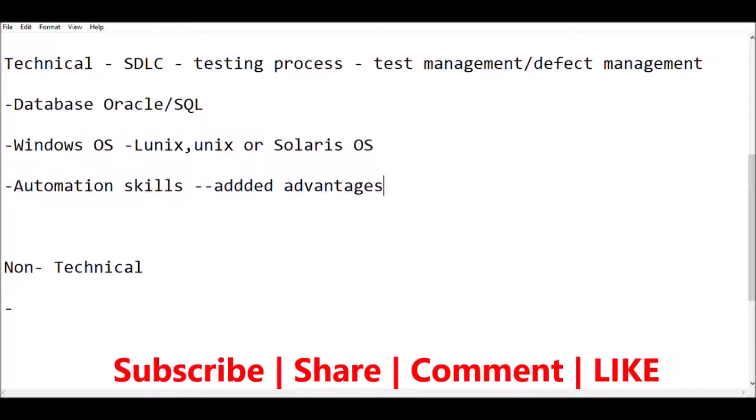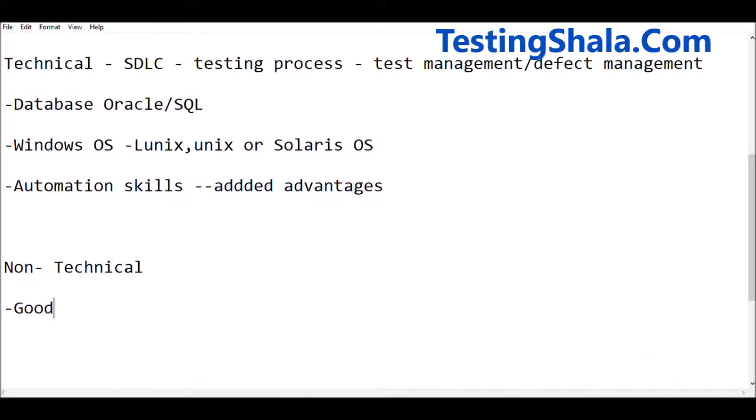So these are some of the skills which are very much needed. One is good communication skills. If you wanted to become a good tester, you should have good communication skills, such as communicating your status. You will be giving daily status reports or weekly status reports.